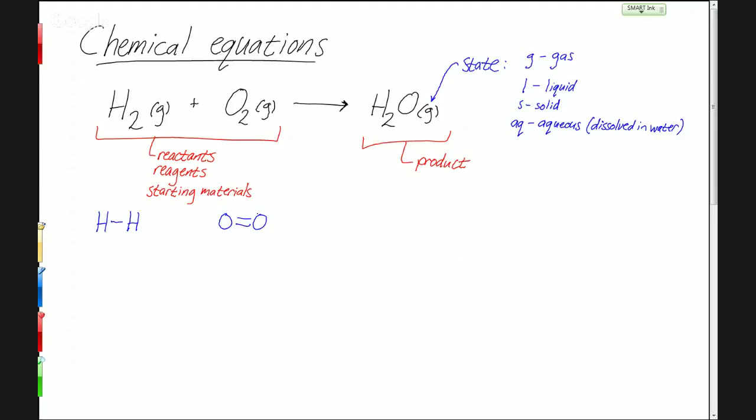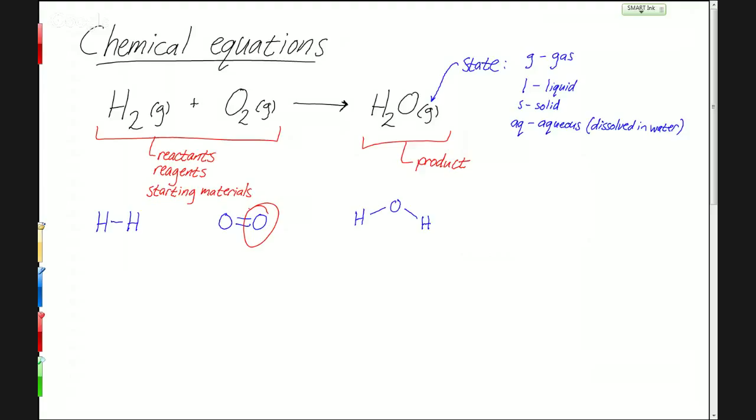And then water is something like this. So this is a problem because in the way that we've drawn this, it seems as though one oxygen atom is simply lost in this reaction.